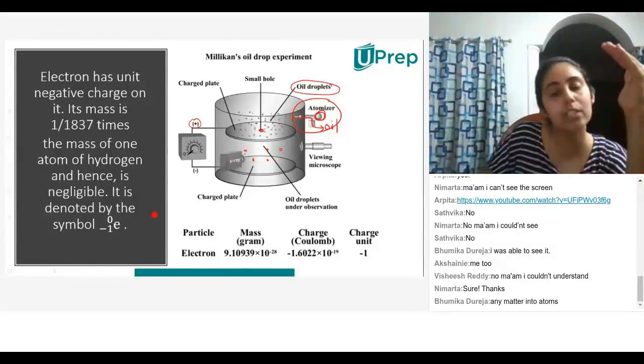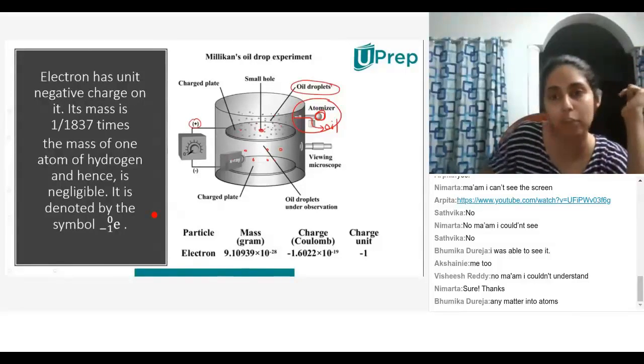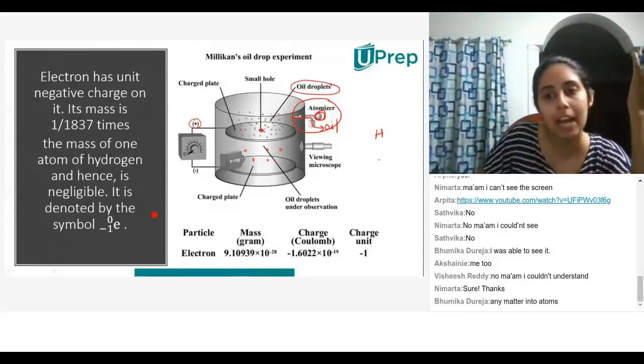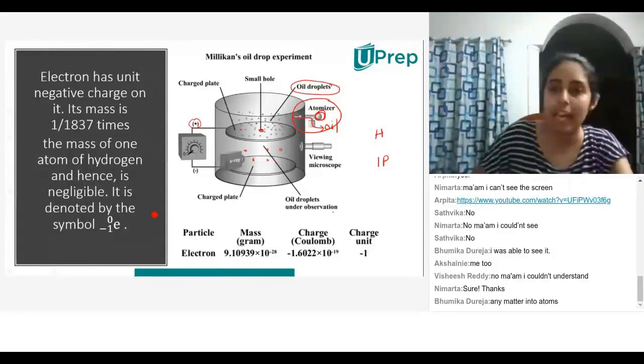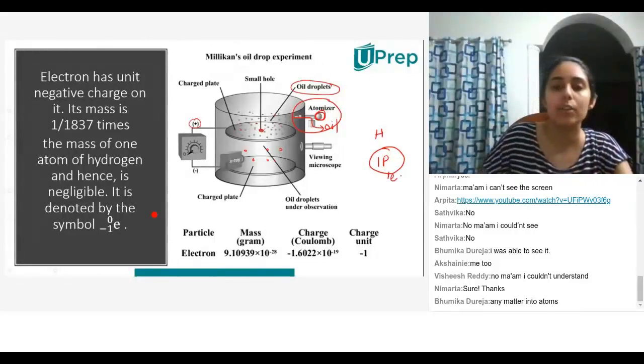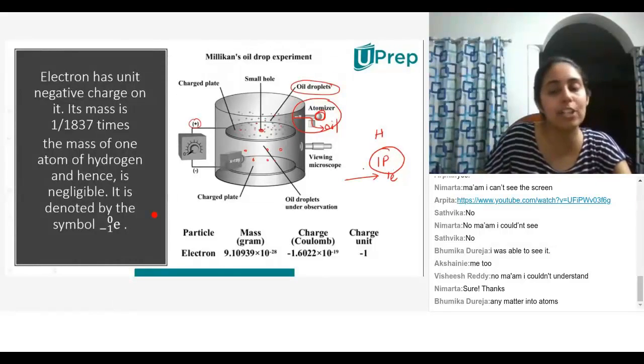When they are passing through the atoms of air, what is happening? For example, I take a hydrogen atom. A hydrogen atom has one proton and one electron. Let's say there is hydrogen gas inside this. Now these X-rays hit the hydrogen atom and pull out this electron as well.